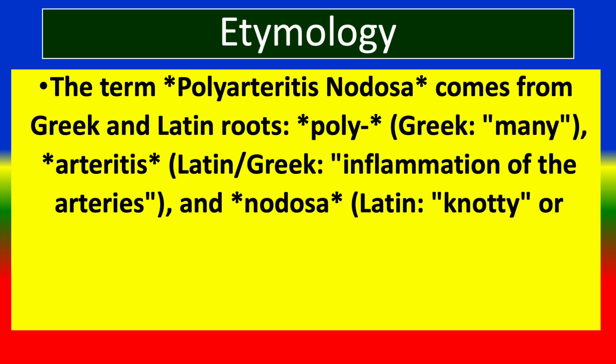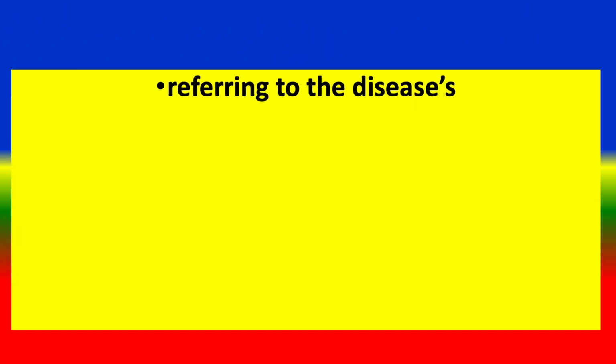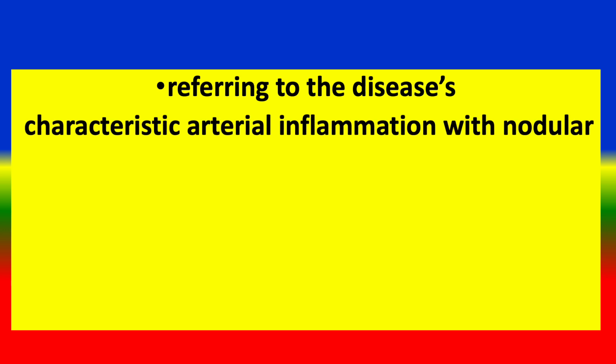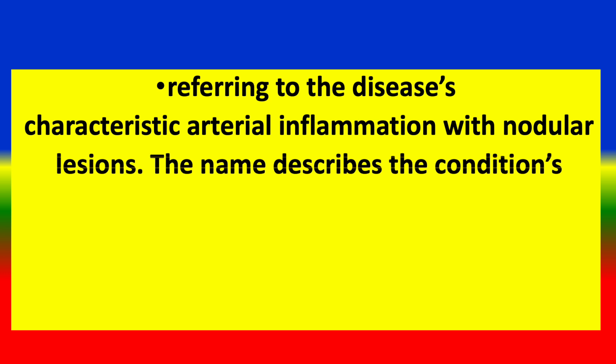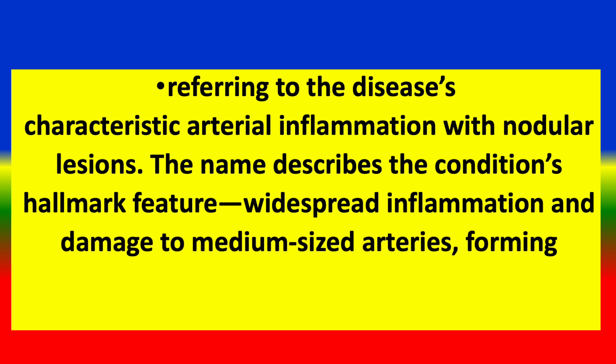And nodosa, Latin, knotty or nodular, referring to the disease's characteristic arterial inflammation with nodular lesions. The name describes the condition's hallmark feature: widespread inflammation and damage to medium-sized arteries, forming nodular swellings.